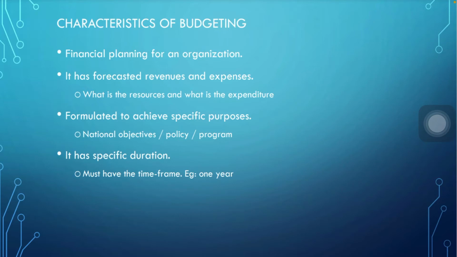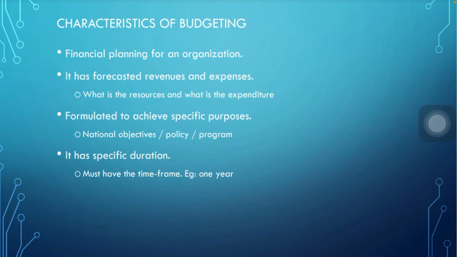So the same goes for the government of Malaysia. They have their own financial planning for the people. Number 2, it has forecasted revenues and also expenses. So basically, when you have financial planning, you must already have a list of the items you want to buy, and it goes with the price, there must be a price.